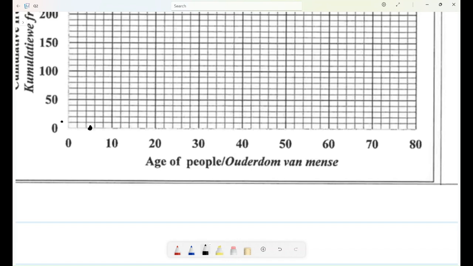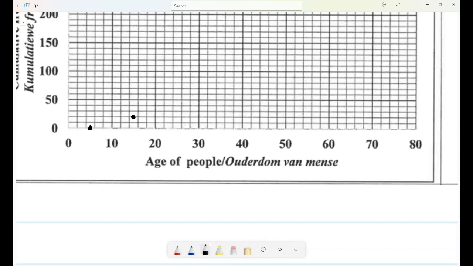Let's look at the scaling here: 10, 20, 30, 40, 50. So if this is 15 here, 20 is going to be somewhere here.